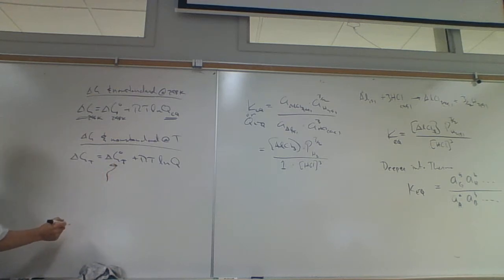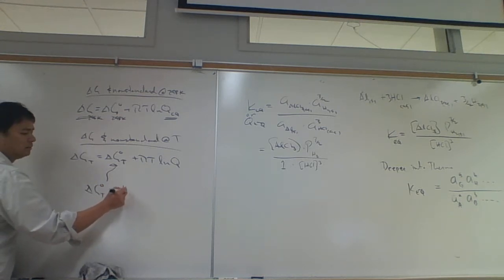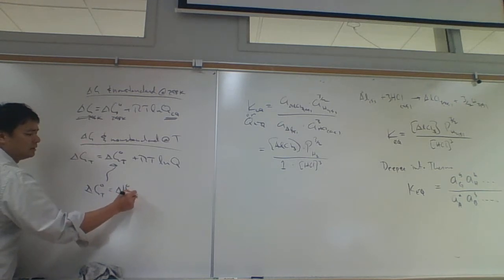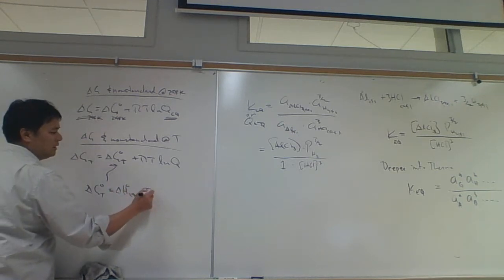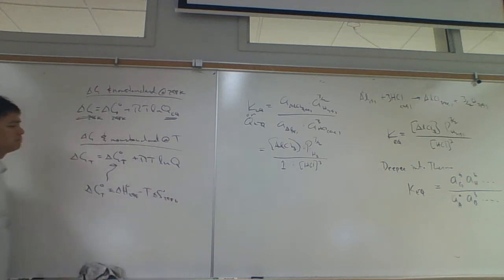Now the problem is how do we get delta G naught at temperature T? We do it by making the assumption that delta G naught at temperature T is equal to delta H naught at 298 minus T delta S naught at 298. That's reasonable.